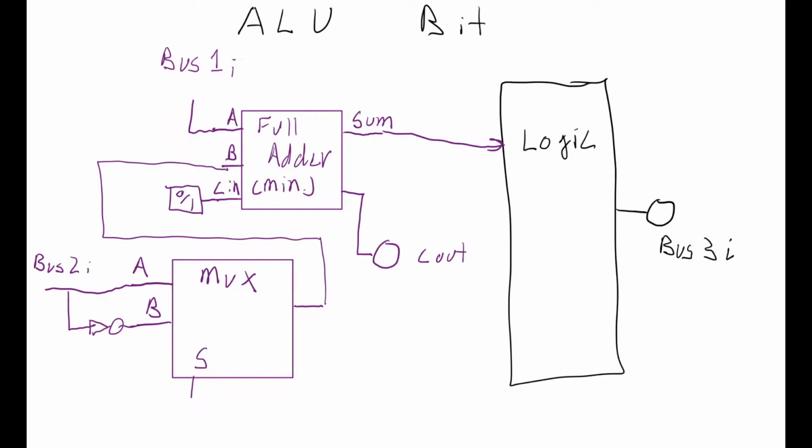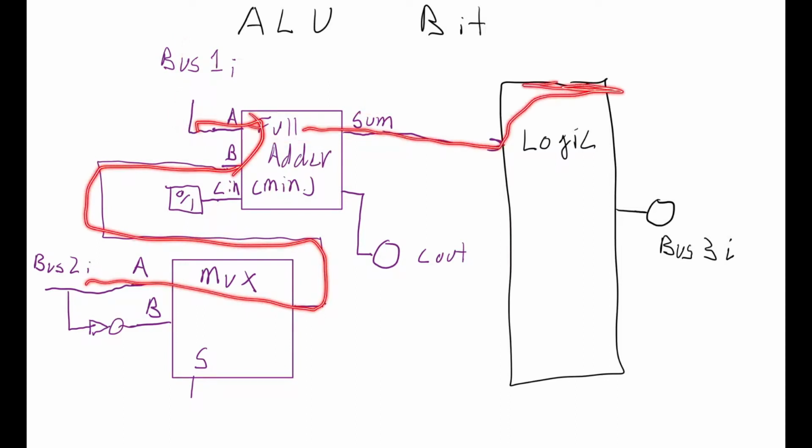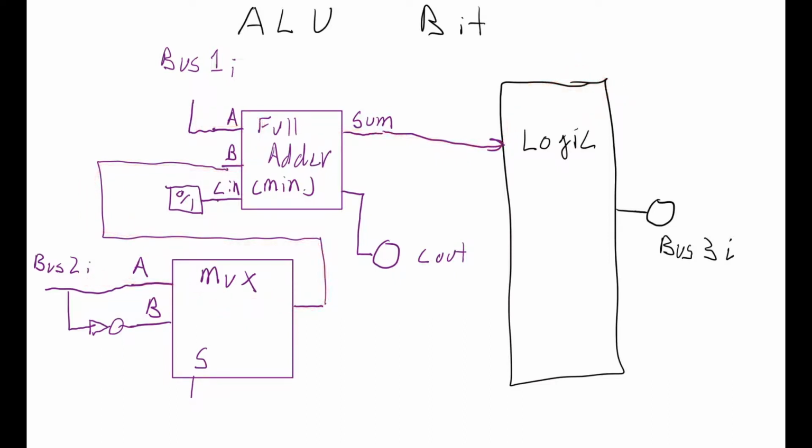So by default, our adder is going to add bus 1 and bus 2 together, and then the output will go on into this logic that you've hopefully already built. The add switch will be turned on, which will turn on the pass gate and allow the output of this adder to go into bus 3. But when we turn on subtract, what we want is this switch to flip so that the negated version of bus 2 goes into our adder.